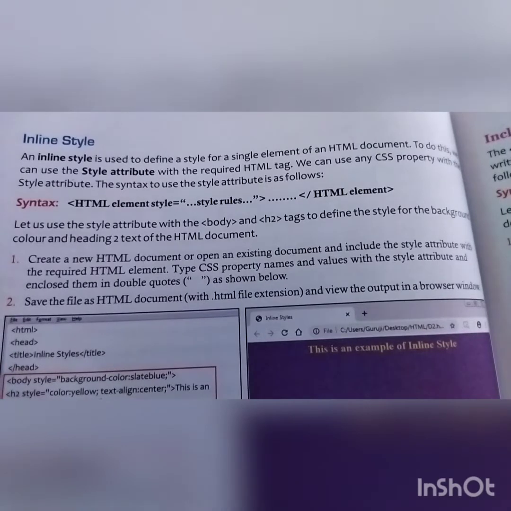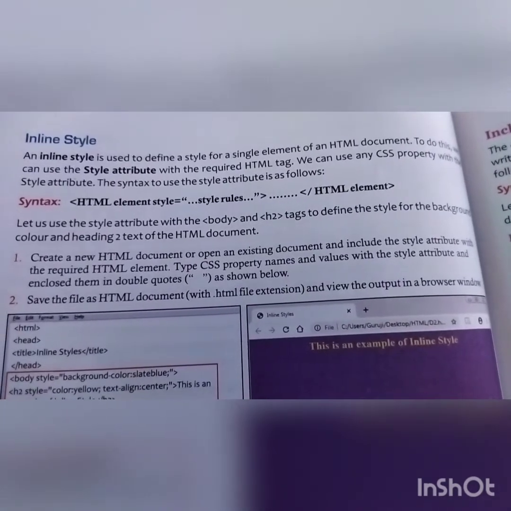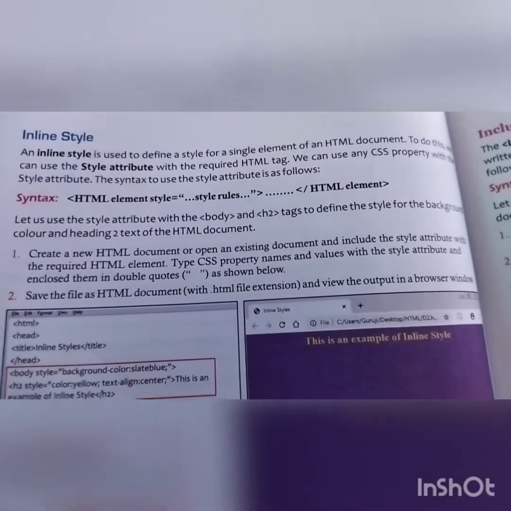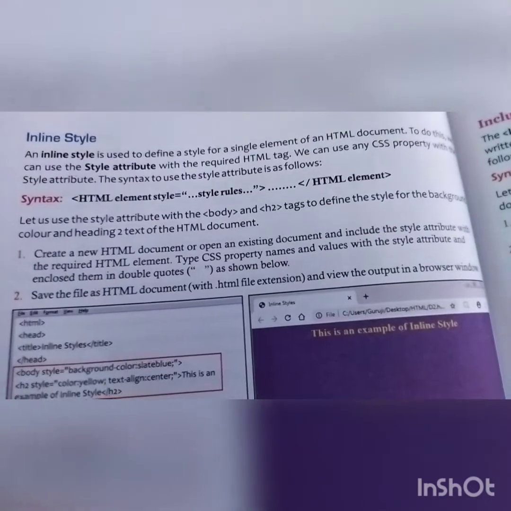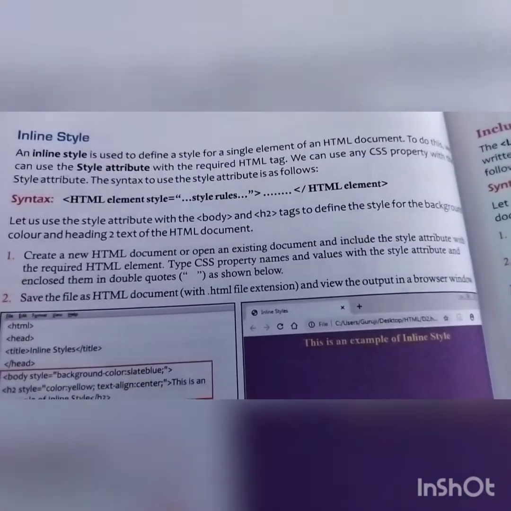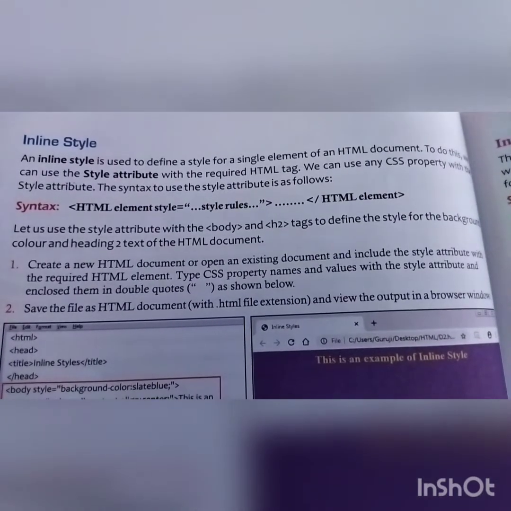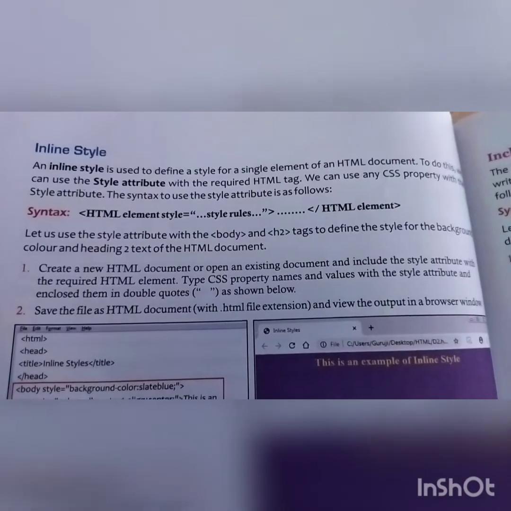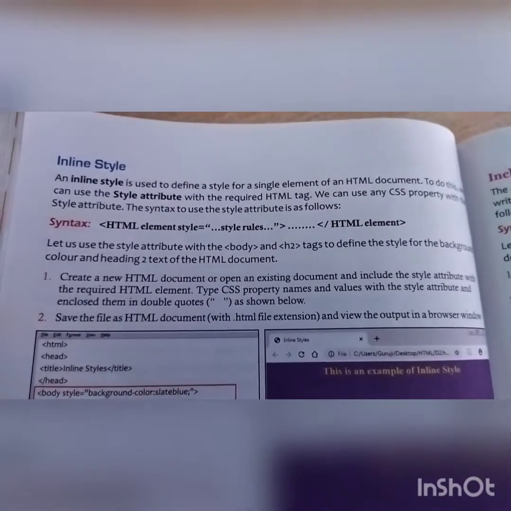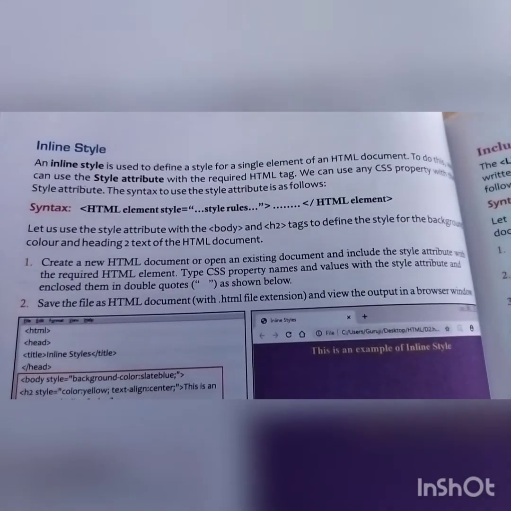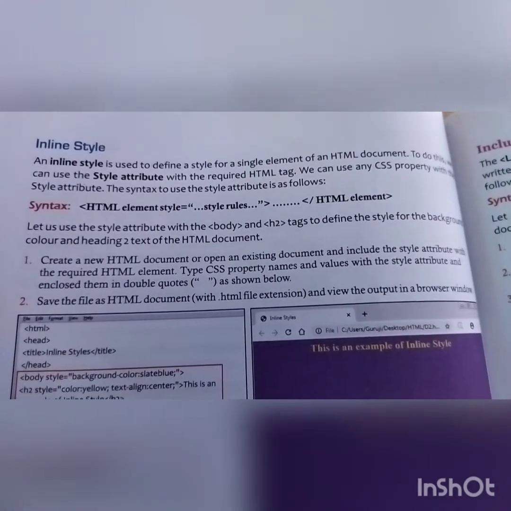It is a very simple process: create a new HTML document or open an existing document, include the style attribute in the required HTML element, then type the CSS property names and values within the style attribute, and close them with double quotes. After that, save the file with the .html extension.